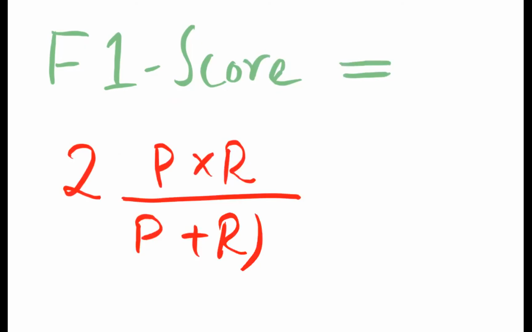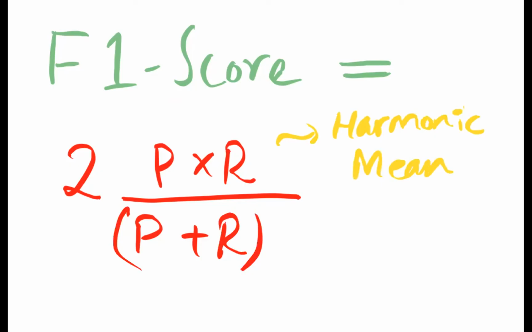So now with this single number, you would get what kind of model you have. We are using the harmonic mean here, and you know the very nice property of the harmonic mean. The arithmetic mean is biased towards the bigger of the two elements.